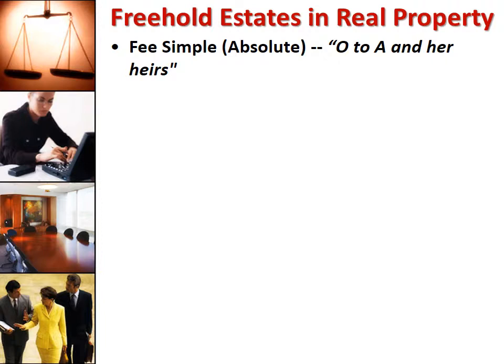Now, we call it a fee simple absolute because O gives to A, and if O dies and A dies, the land goes to the heirs of A. So O to A and her heirs means the land will never come back to O. Now, if it were able to come back to a person, specifically to the owner, O, we would call that the possibility of reversion or the reverter interest.